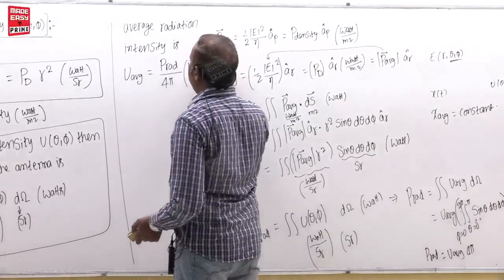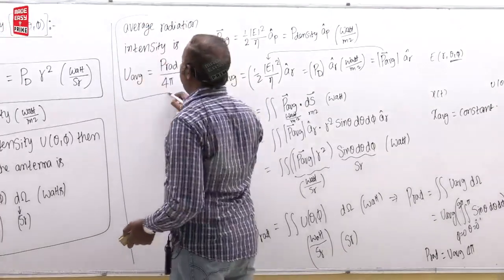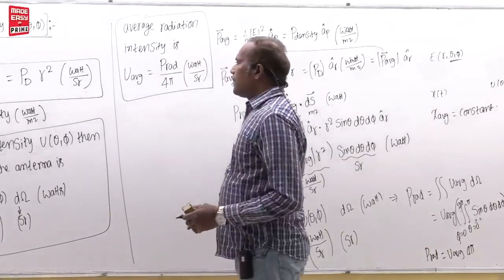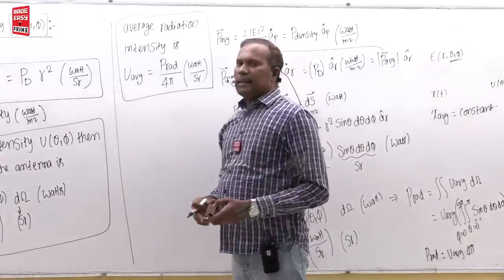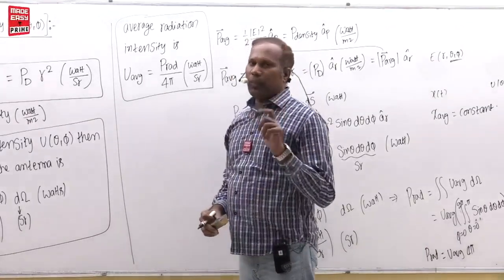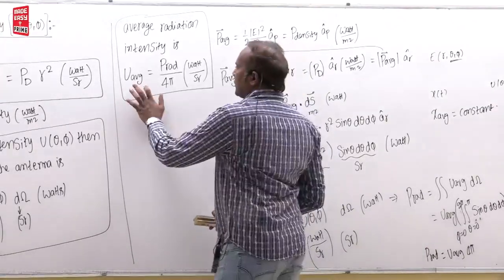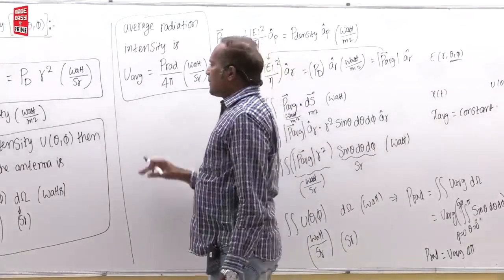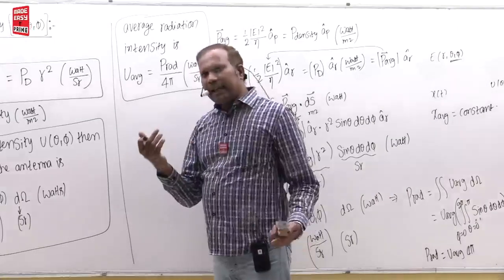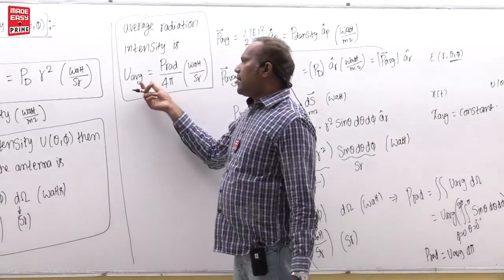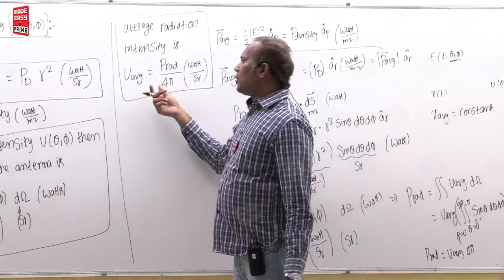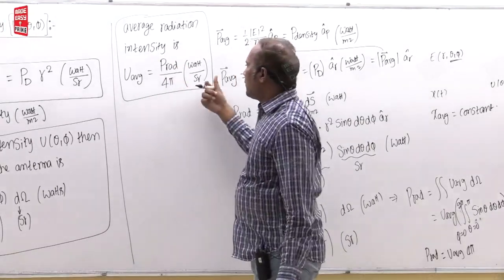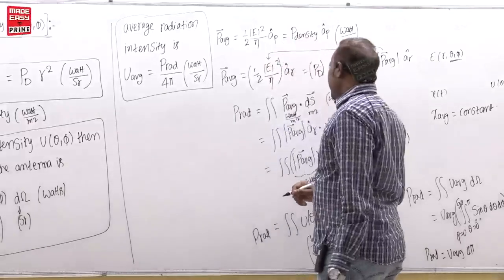This is the formula. This is also called the average radiation intensity of an isotropic antenna. Actually, you can define this for any antenna: the average radiation intensity of any antenna is equal to the total power radiated by that antenna divided by 4 pi watt per steradian. Right, students?